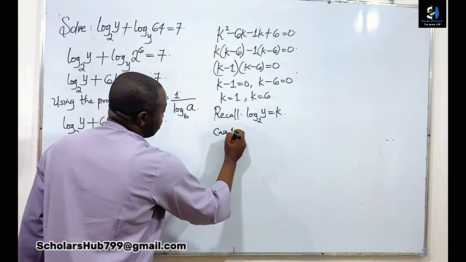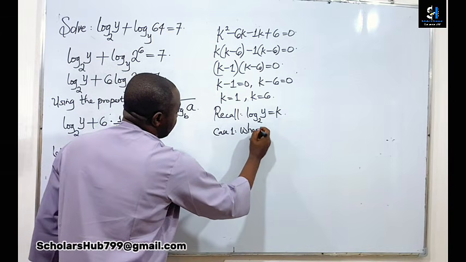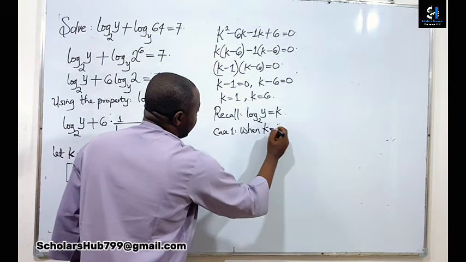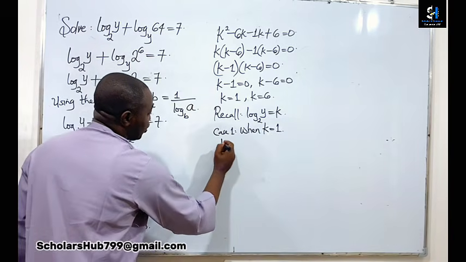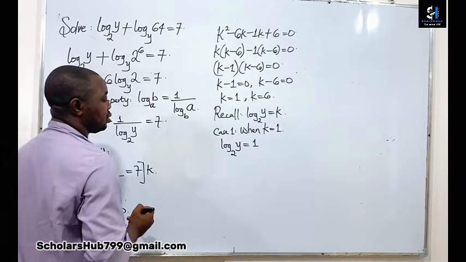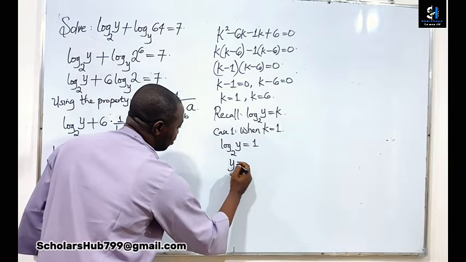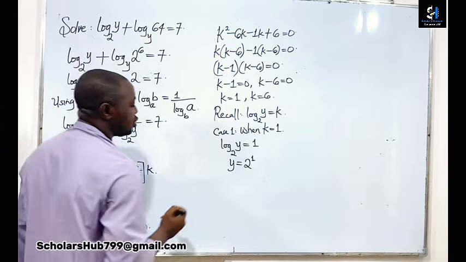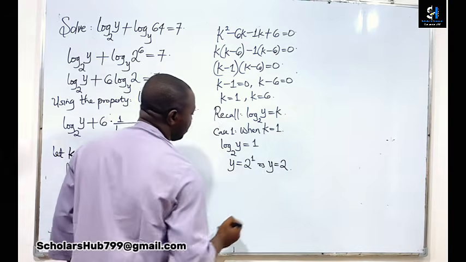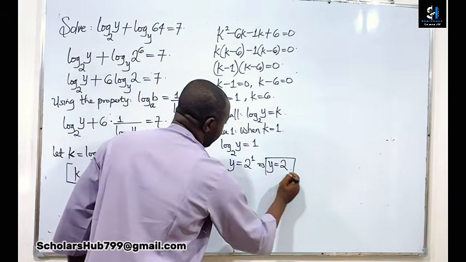Case 1, when k is equal to 1, it means that log to base 2 of y will be equal to 1. And from here, we can say that y will be equal to 2 raised to the power of 1, and the first value of y will be 2.